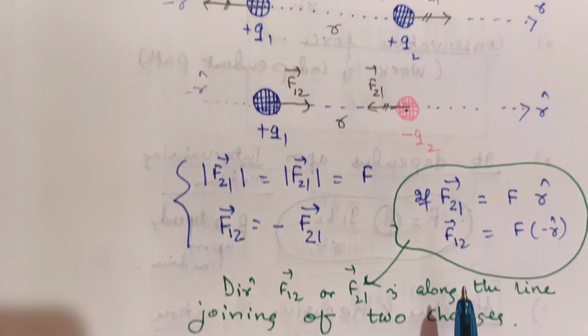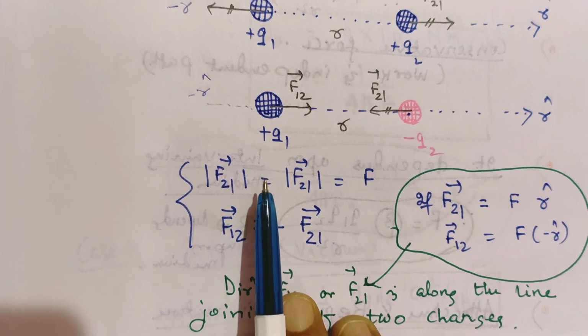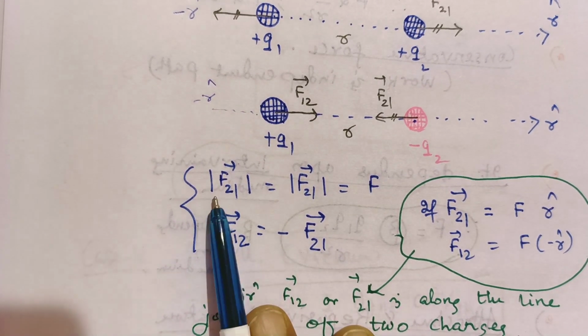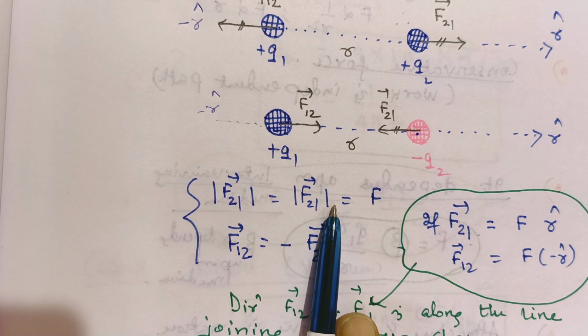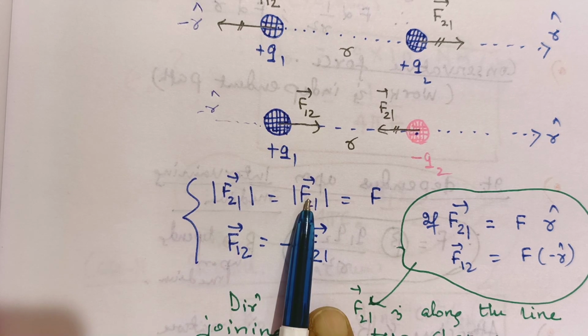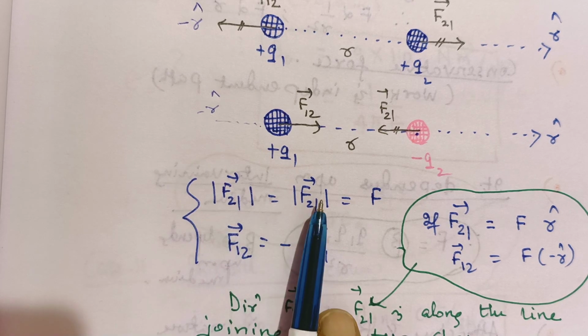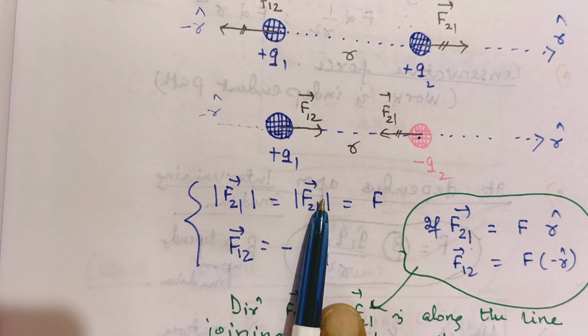Again we will come to this point, and mathematically, here you see these two forces are always equal in magnitude. Why always equal in magnitude, we will discuss later. First to remember, these two forces are equal in magnitude.